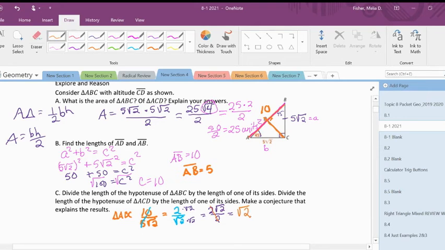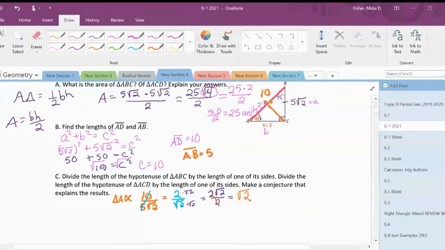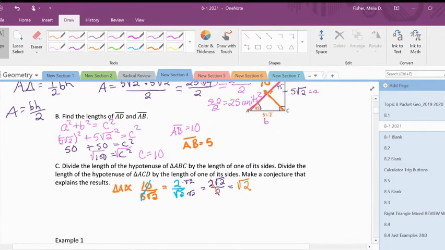Now let's look at triangle ACD. To put the hypotenuse divided by one of its sides, we're getting this triangle right here.